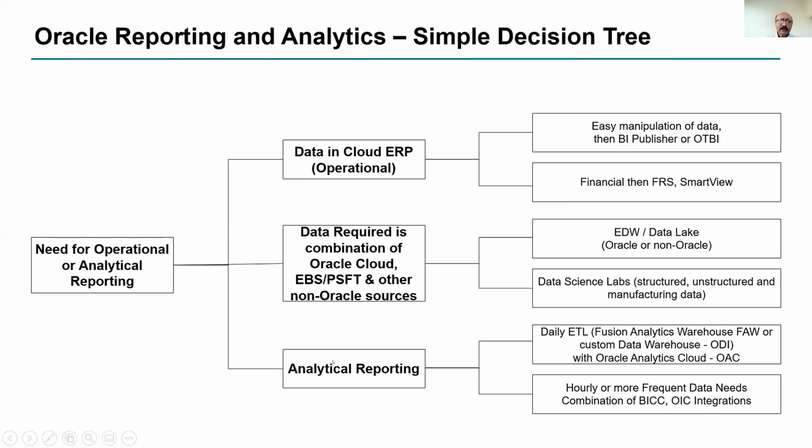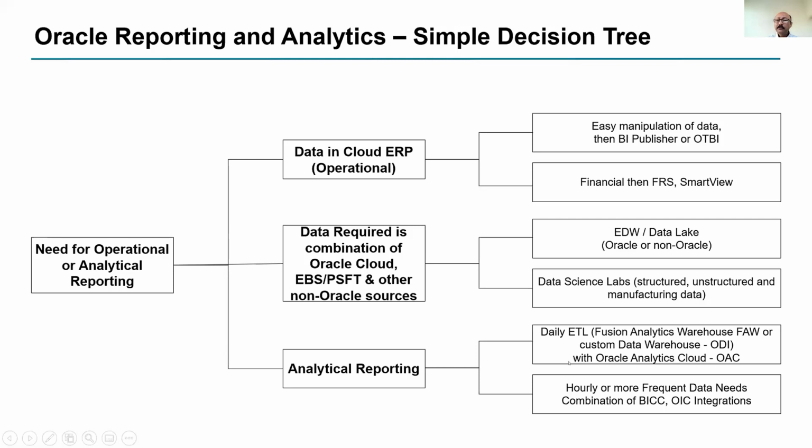Now let's look at the other extreme, which is analytical reporting, where you are typically looking at data over a longer period of time, where you may have certain KPIs defined for your organization. You're looking at yearly trends, year over year, quarter over quarter, and that kind of processing is best done as a batch process, where you move the data out of the application into a data warehouse, organized in facts and dimensions.